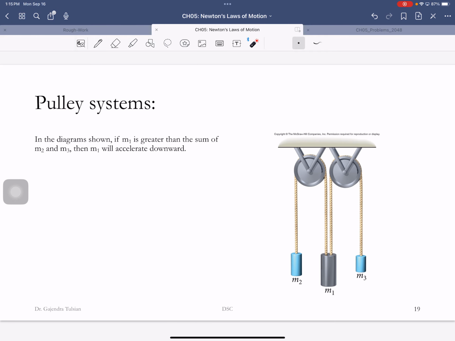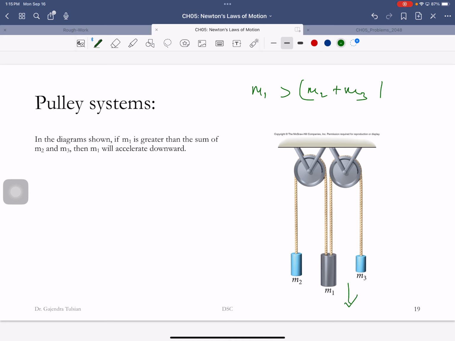All right, this is just an interesting pulley system. Which way will this thing move? I'm sorry? It depends on the mass. Okay. So if M1 is greater than M2 plus M3, it'll move downward.